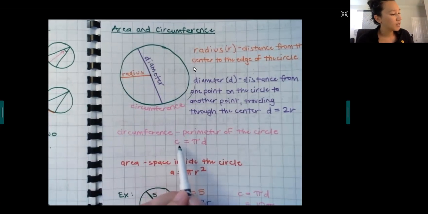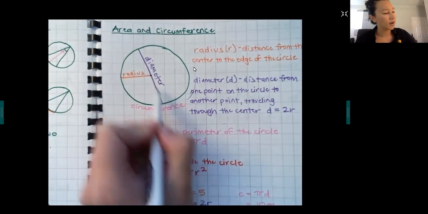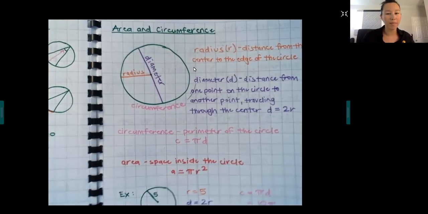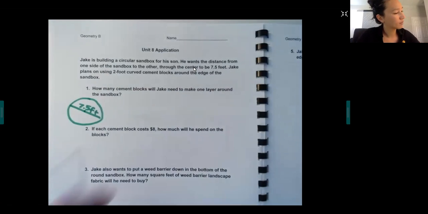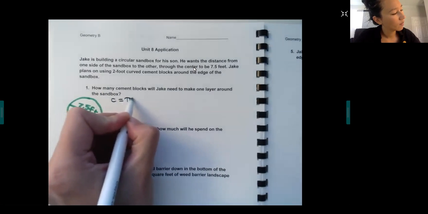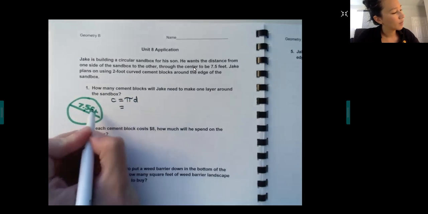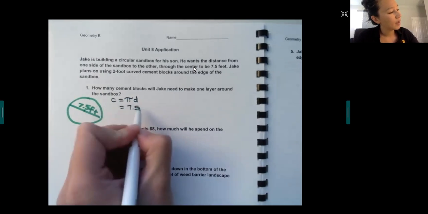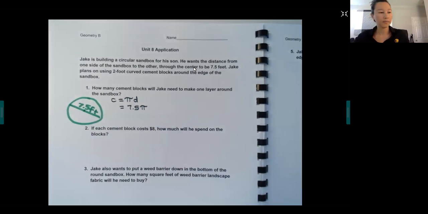So the circumference is pi times the diameter, and we were given our diameter, so now we just need to multiply that by pi. So the circumference is 7.5 times pi.